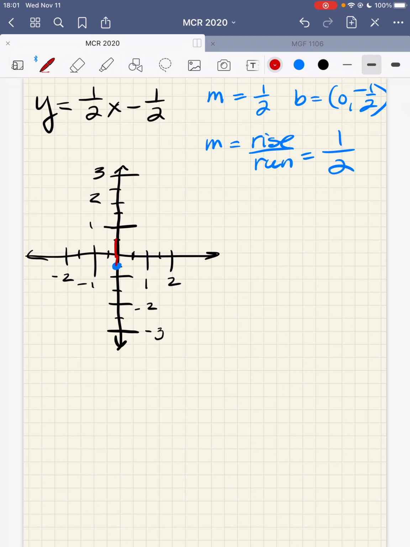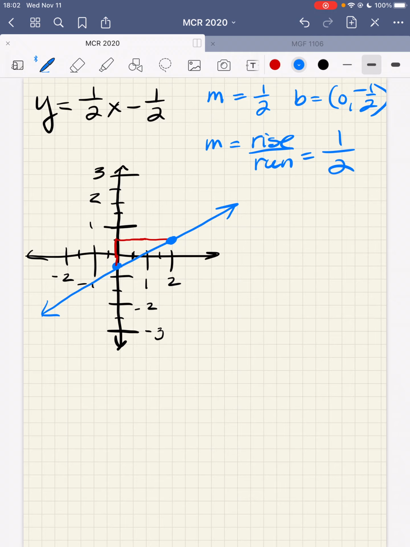All right, so you have to go up a total of 1, but I'm starting at -1/2, and it's kind of awkward and takes a little bit of practice, but it's okay to do. And then I need to run 2. That's easy enough. So once I'm there, go 1, 2, put my second point, and from there I graph the line.